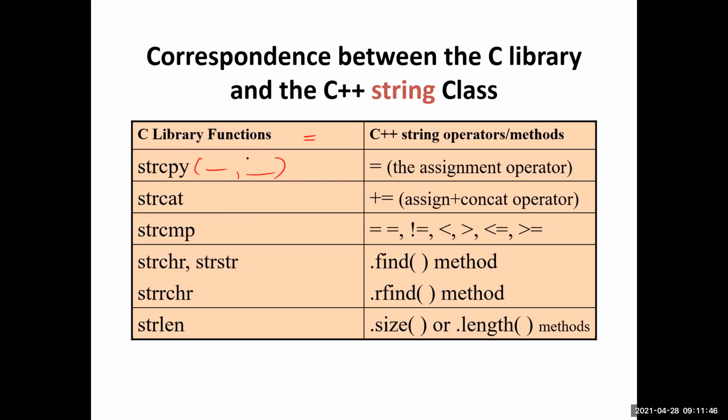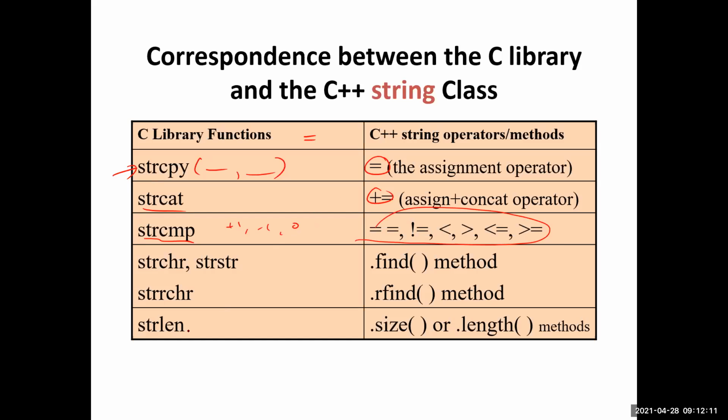So only for copying, you had to call a function, but here we just use the assignment operator. Similarly, if you want to concatenate strings, you had to call a function, but here you have this plus operator. For comparison, you had to call a function which returns different values, +1, -1, or 0, that the first is greater than the second, or less than, or 0 if they are equal. But here you have all of these relational operators which you can use, okay?